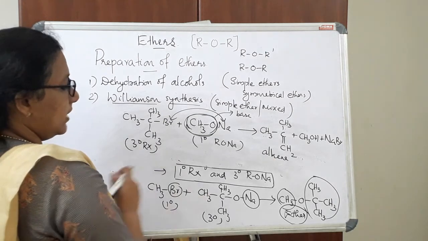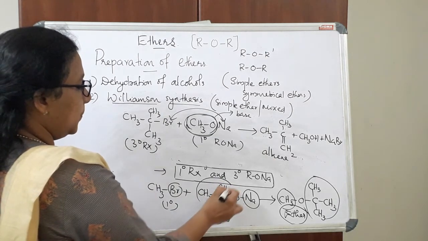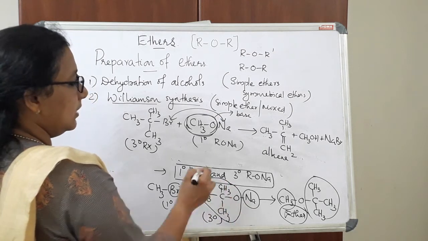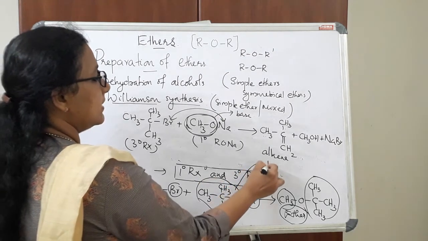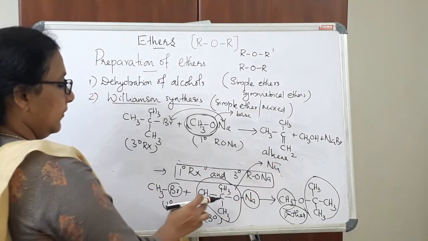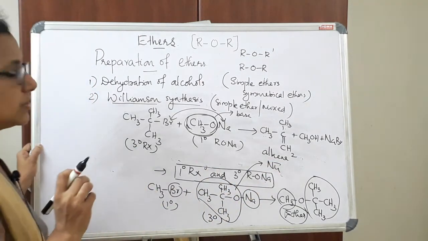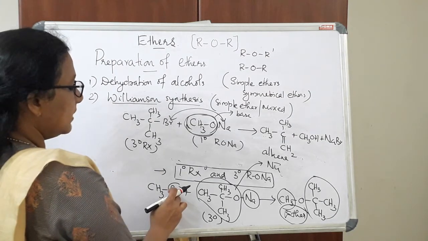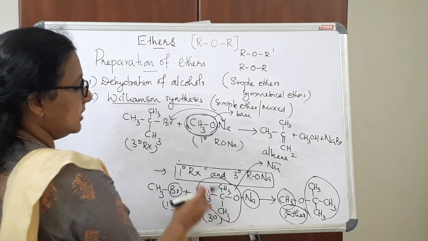In the other case, this alkoxide group will act as a nucleophile itself. If it is a nucleophile, we can expect a nucleophilic substitution reaction. That means Br is substituted with this group.